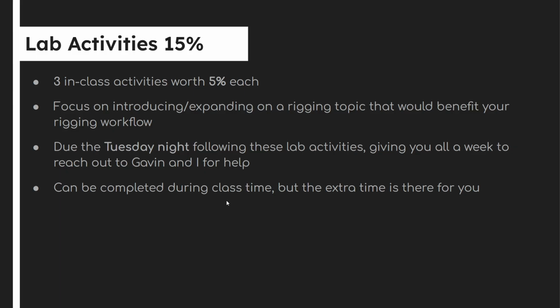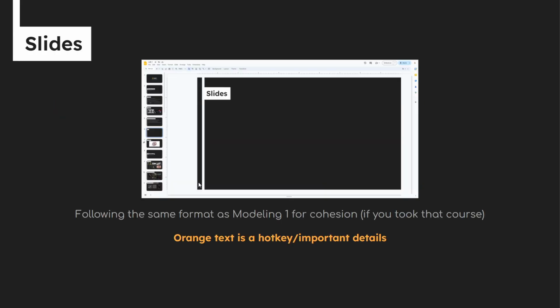I believe the assignments in their current state are related to arm rigs, just creating a very simple arm rig, nothing else, no other body parts, just the arm. The second lab is expanding on that arm rig. And the third lab is making a unique rig, a stylized tentacle creature thing that's really fun. That's going to give you more information about that later on.